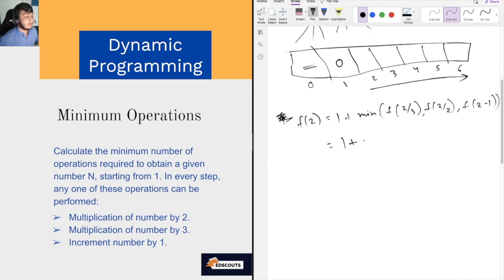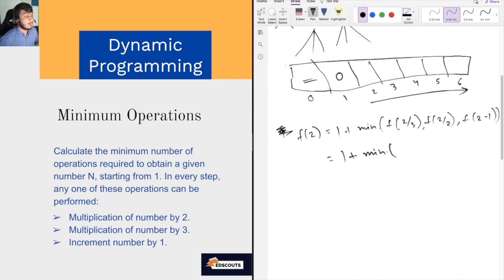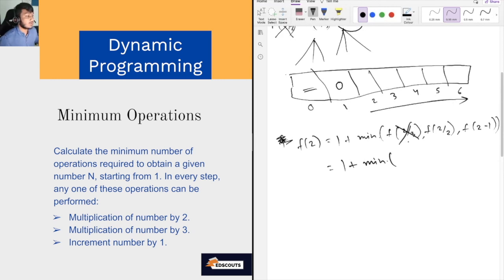So 1 plus minimum of f of 2 by 3, we won't calculate because 2 is not divisible by 3, f of 1, comma f of 1. So 1 plus f of 1. What is f of 1? F of 1 here is 0. So 1 plus 0 is equal to 1. What that means is to get the value 2 starting from 1, we only require one operation.